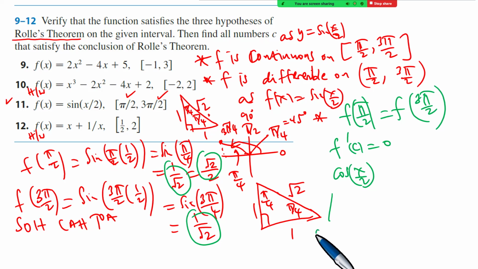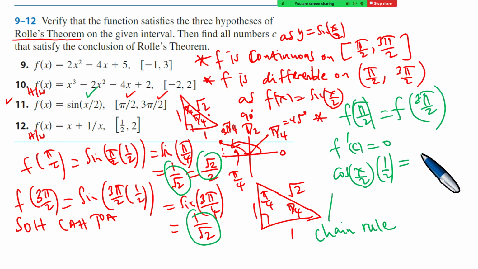We use our old friend called the chain rule. What does the chain rule say to us? The derivative of the sine is the cosine, and the derivative of x over 2 is 1/2. Chain rule.